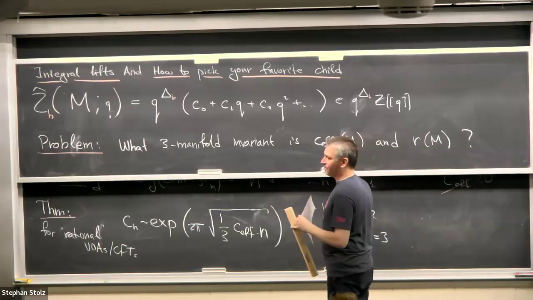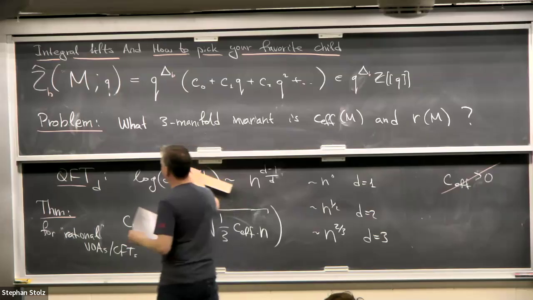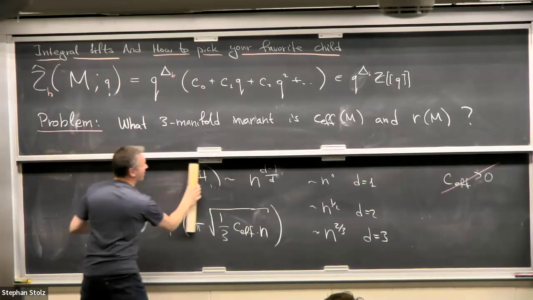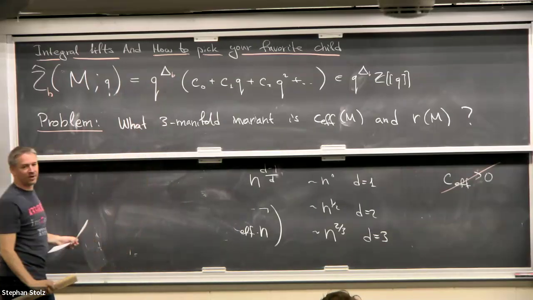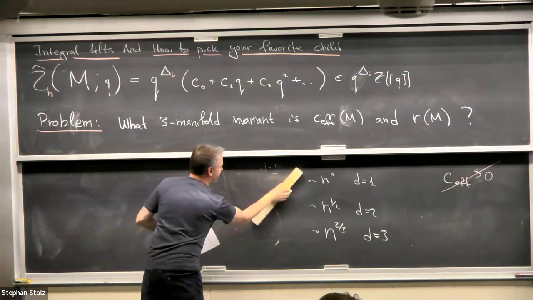I don't know, but I'll tell you a little bit about C effective. Very much like the previous statement about behavior near q equals 0, namely the deltas, it's easier to say what the mod 1 reduction of that is.